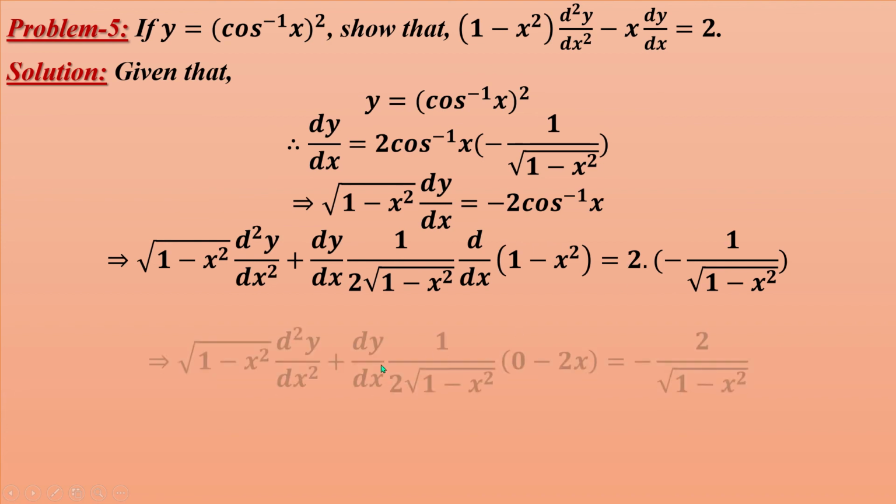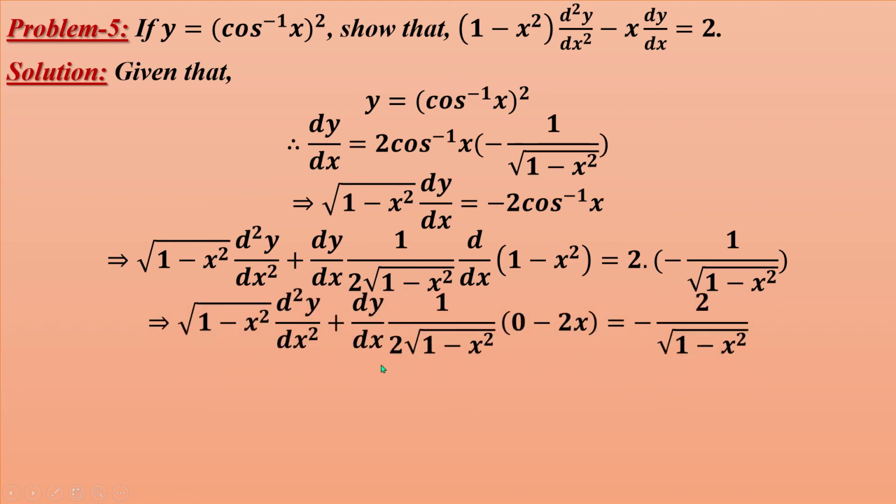Okay, now calculate square root over 1 minus x square, and here this, this is fixed, but the derivative of this equals 0 minus 2x.